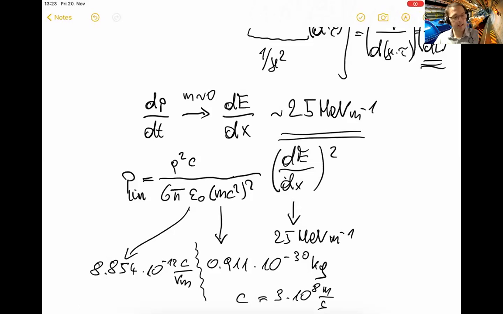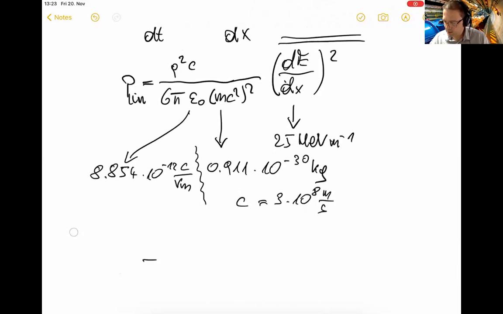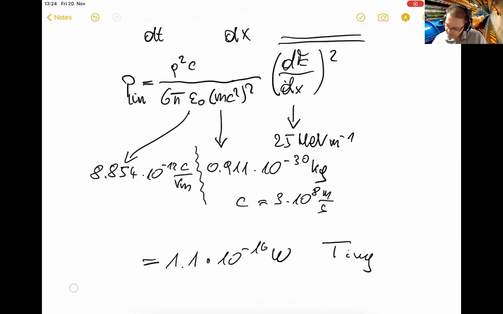And now you use your pocket calculator, inject the numbers, and compute. This is 1.1 times 10 to the minus 16 watt, which is tiny. It's a vanishingly small power that's dissipated by linear acceleration.